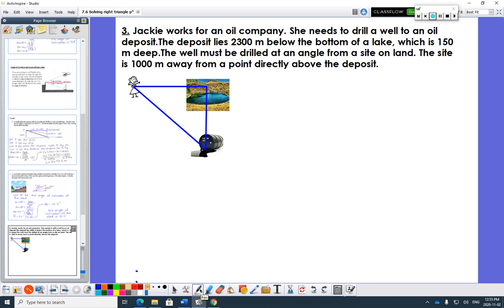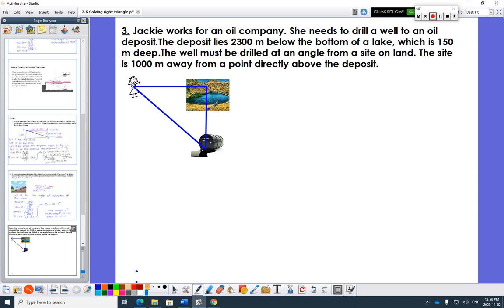But this time, sometimes it'll say, it could have said, you know, at like the bottom of the lake to the oil well is 1,230 meters, which is fine, except it's telling you also that the lake is 150 meters deep. So it makes sense that Jackie is not at the bottom of the lake, right? She's at the top. So you do have to take that into consideration too.